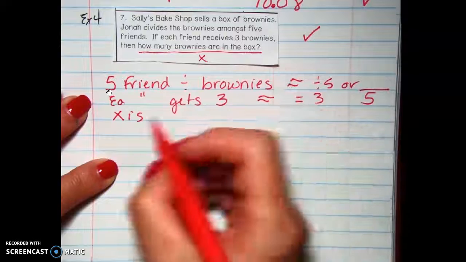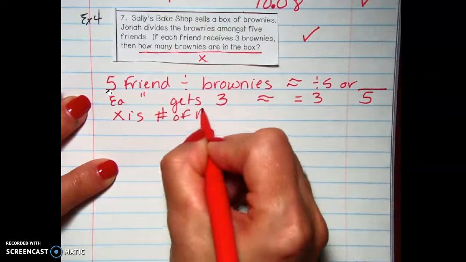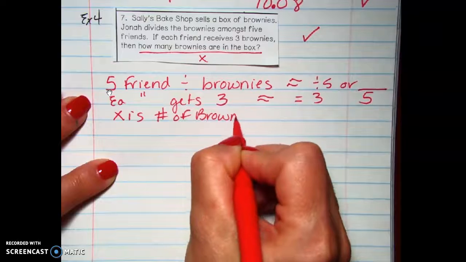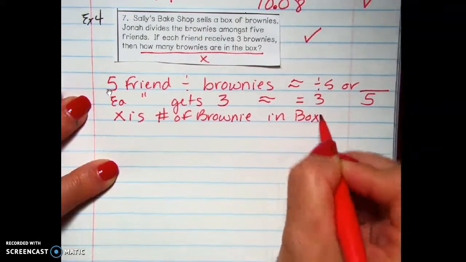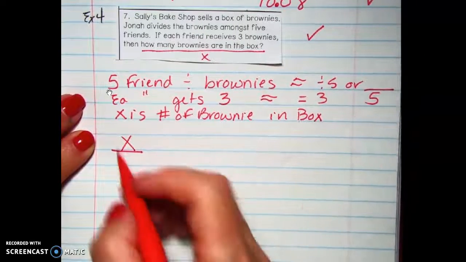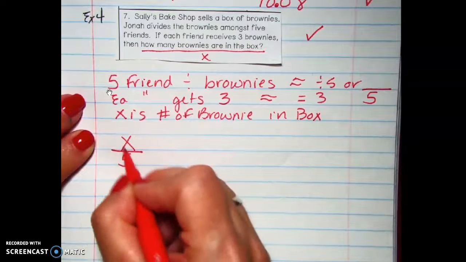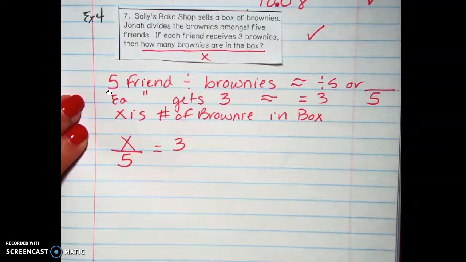And my x is, because that's my question, here is x. How many brownies are in the box? X is the number of brownies in the box to start. Okay, so I have x divided by 5, the total number of brownies, and then it's divided by the 5 friends and it'll equal 3.